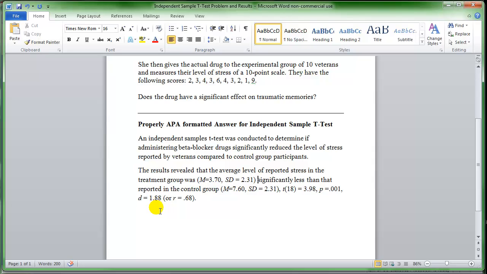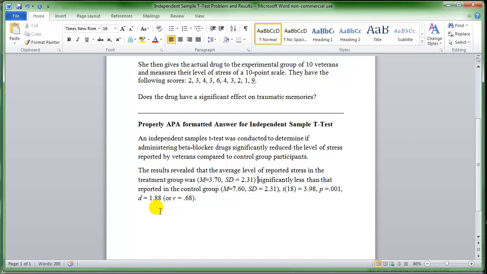There's two ways to do it, using Cohen's d or r, Pearson's r. We'll talk more about effect size in class, but there are effect size calculators online where you can very quickly calculate the effect size. Cohen's d is actually a fairly simple formula, so you could easily do it by hand as well. So that is it for the independent sample t-test.